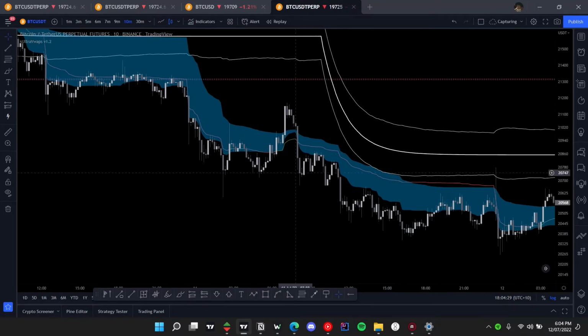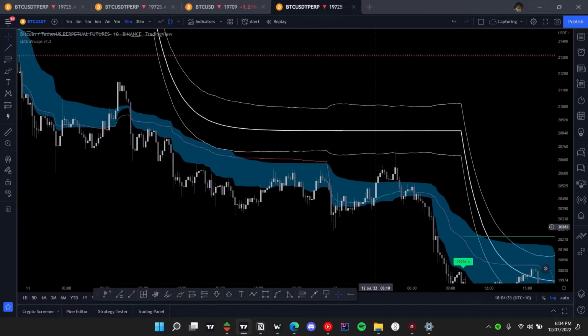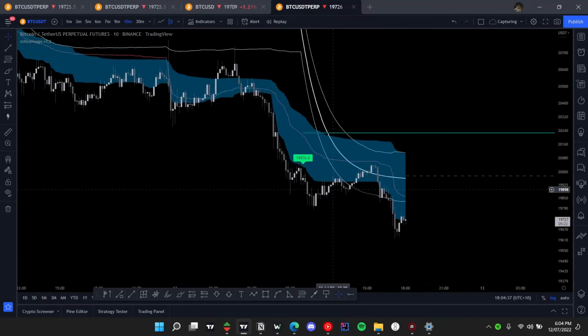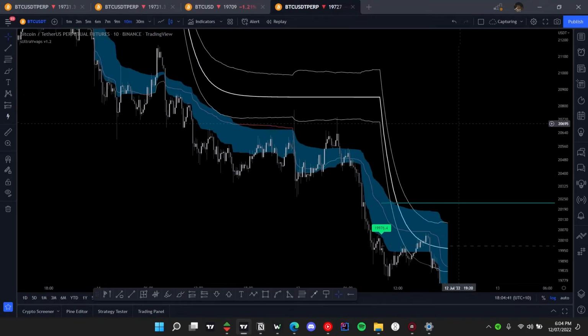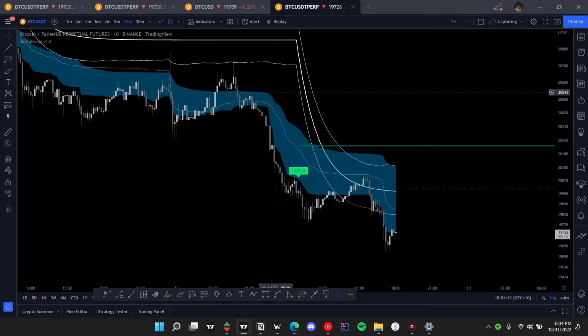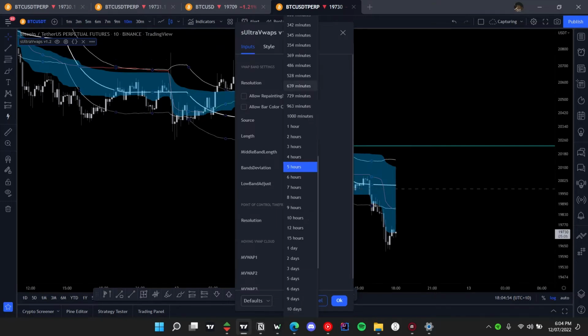And then the price comes out again, retests the cloud, moves down again, comes back into this cloud, moves down. This is how you play the trend. Now at one point, since these VWAP bands reset every day based on the time frame that you set, you can set it to 5 hours, 3 hours or even 1 hour.